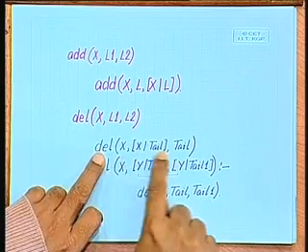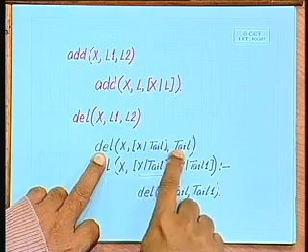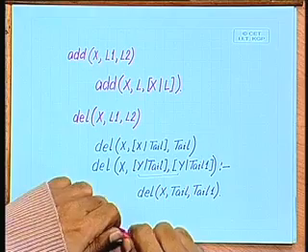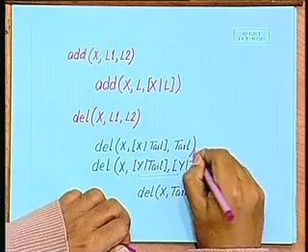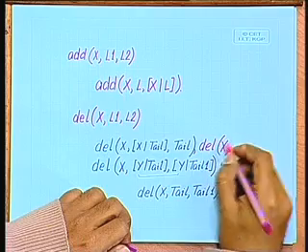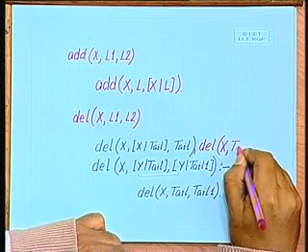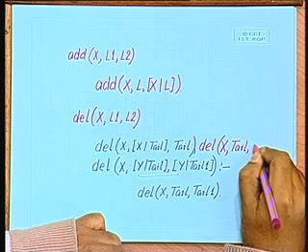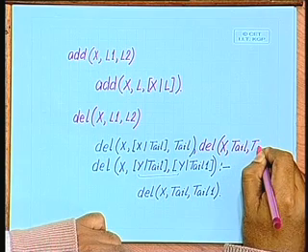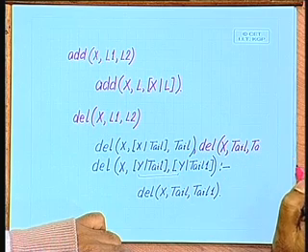So this is not going to be the termination criterion anymore. So once you get this, you will also have to add here that delete x with the empty list.